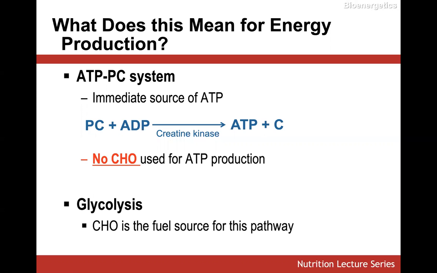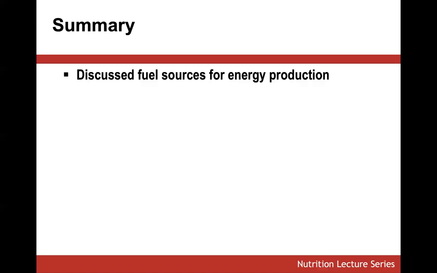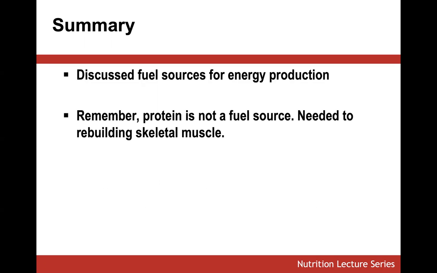Remember, carbohydrates are the only fuel source utilized for the glycolytic pathway. Just keep that in mind as we move along in this lecture series, when we start talking about timing and different percentages of macronutrients of carbs and fats that you need to eat based off the type of work you're doing. So in summary, in this lecture, we discussed the 3 different types of energy fuel sources. Again, we have carbohydrates, fats, and proteins. Remember, protein is not a fuel source to create energy. It is necessary for recovery. The body utilizes protein to rebuild itself.